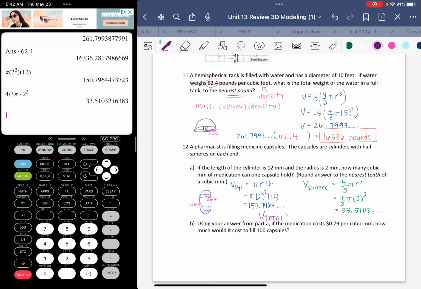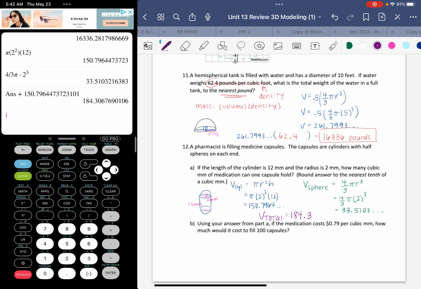Now I'm using the full decimal, so I'm going to hit plus, so that's going to use my last answer. And then I'm going to go up and highlight. So I'm just hitting the up arrow to highlight that other volume that we got. So it brings down the whole decimal. Enter, and I get 184. This one says round your answer to the nearest tenth of a cubic meter. 184.3.